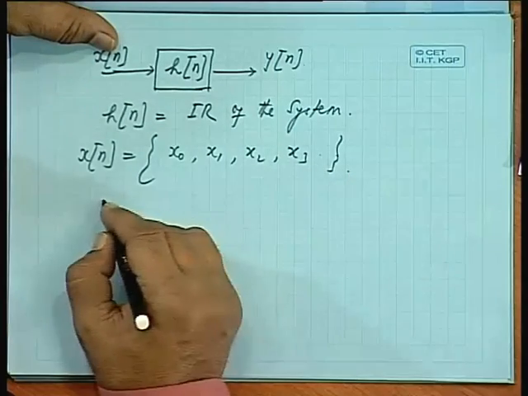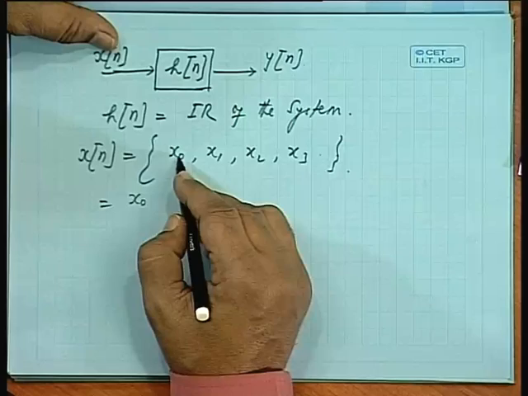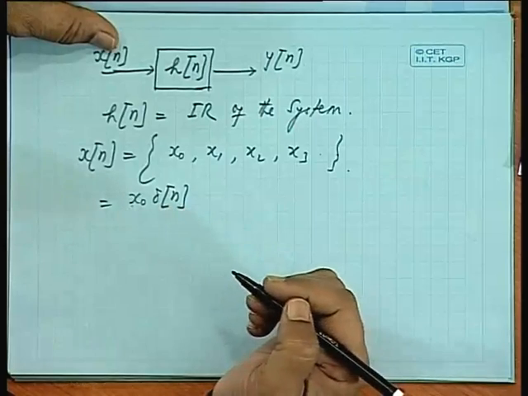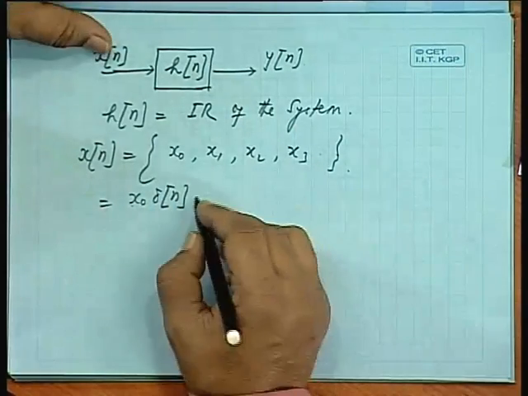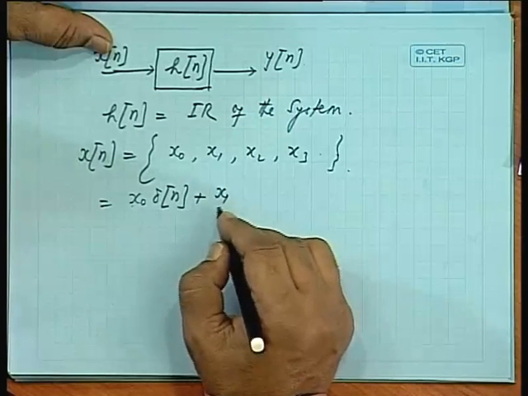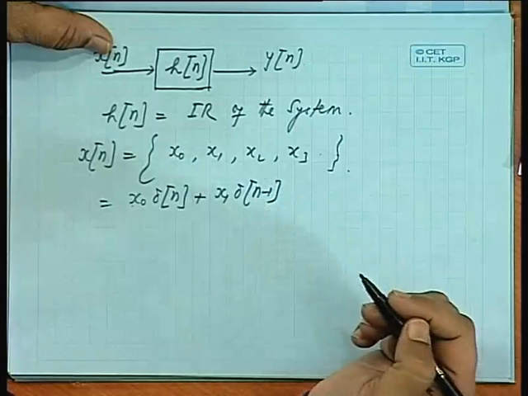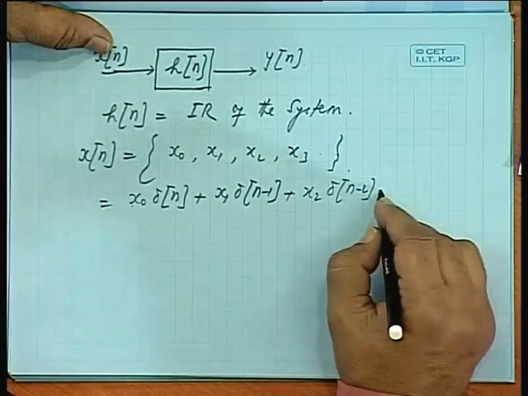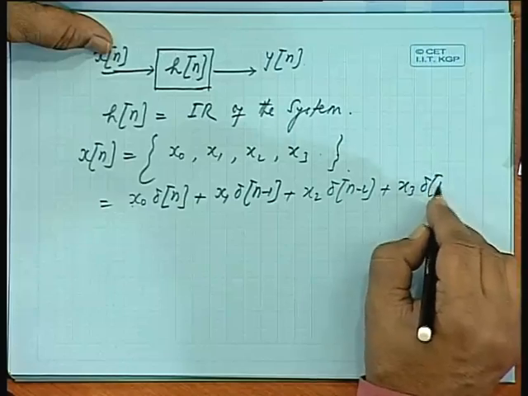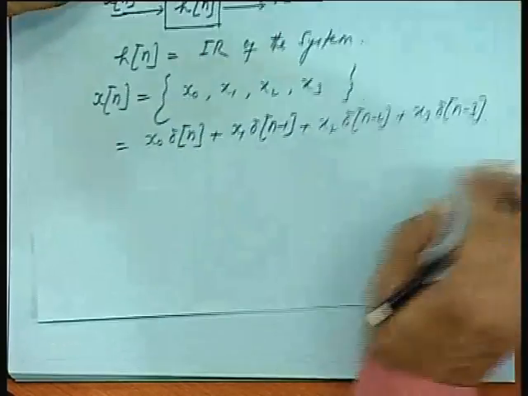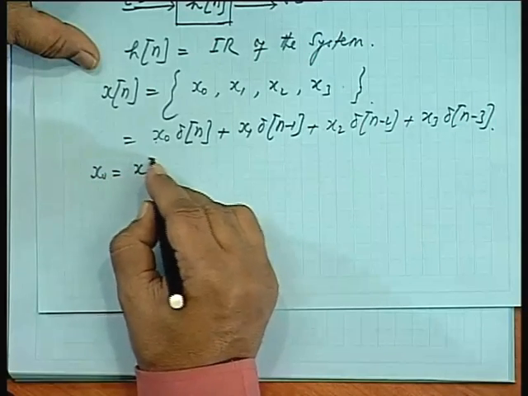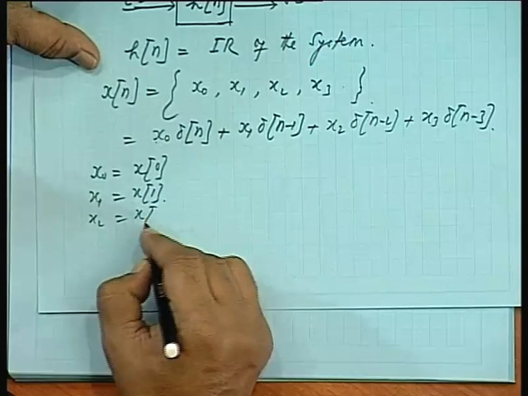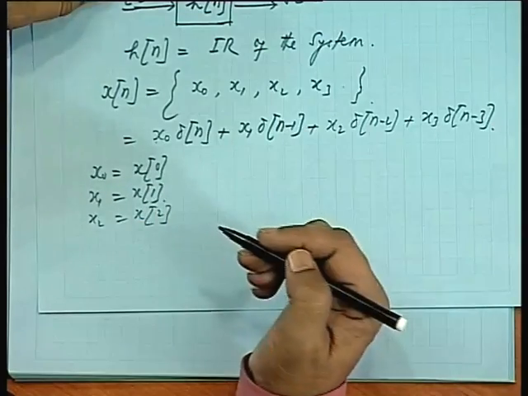This can be conceived as x0 occurring at n equal to 0, an impulse of magnitude x0, and then it disappears, plus another impulse of magnitude x1 appearing after one delay, plus x2 delta n minus 2 plus x3 delta n minus 3, where x0 is x at 0, x1 is x at 1, and x2 is x at 2. These are the values occurring at these points.